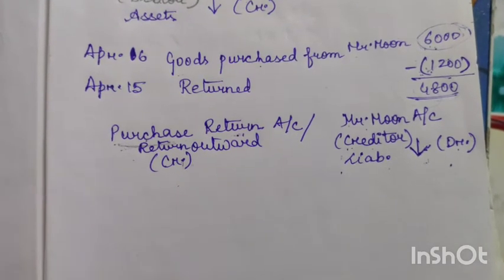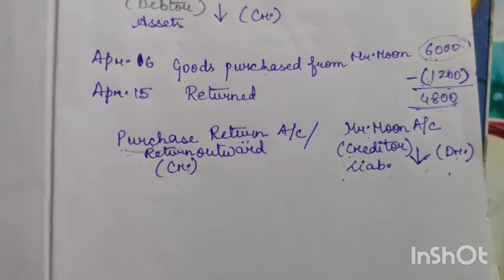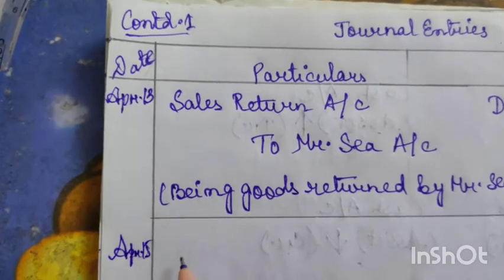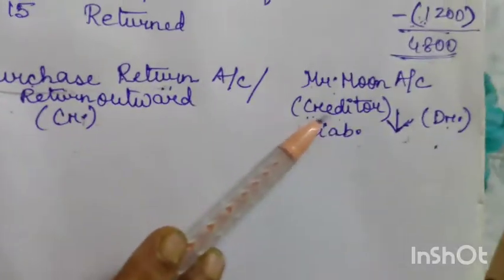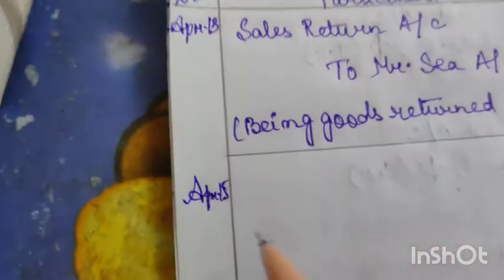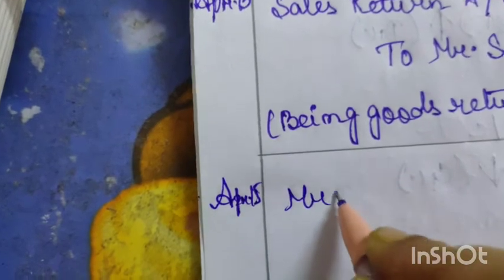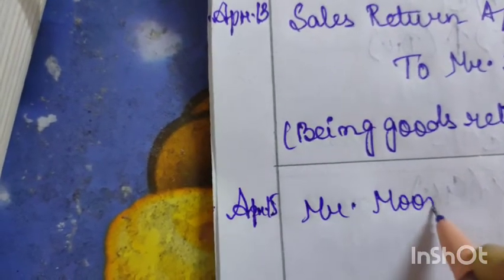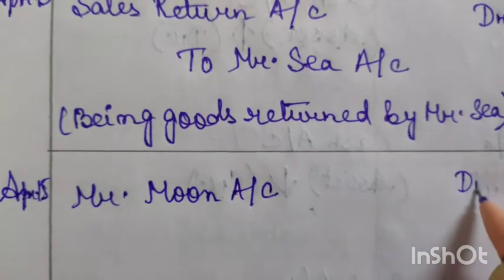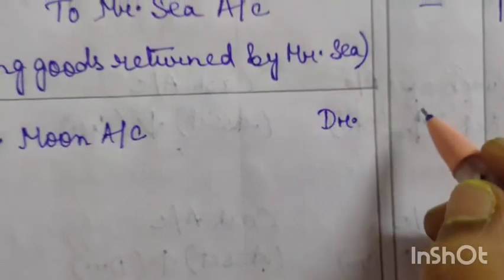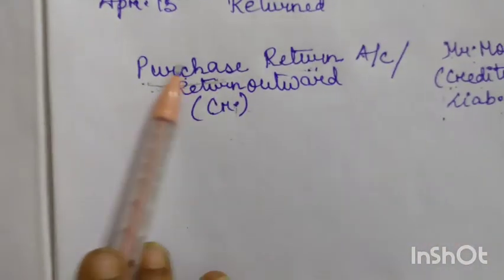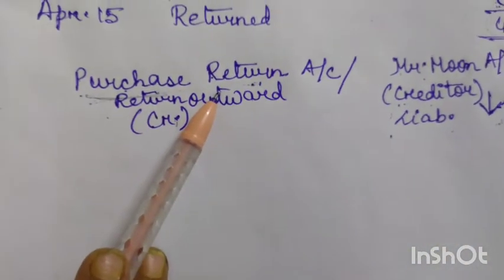So from here we come to the journal entry April 15. Which account is debited? Mr. Moon account is debited. So we will write here Mr. Moon account is debited. How much goods we have returned? 1200. And which account is credited? Purchase return account is credited.